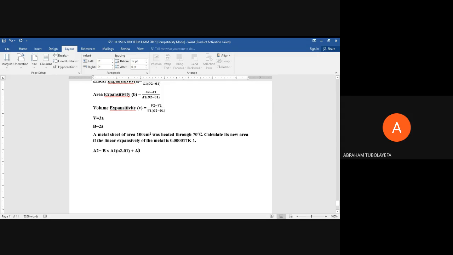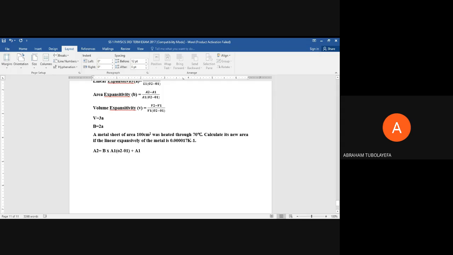So that gamma is representing the metal. Beta B is the area expansivity, but you are given the linear expansivity.